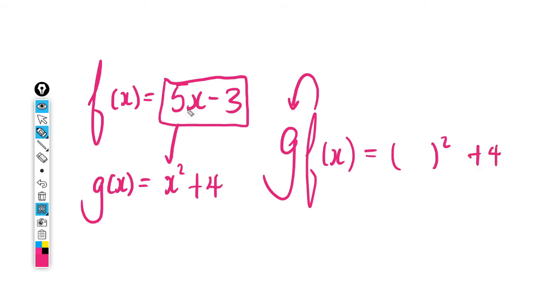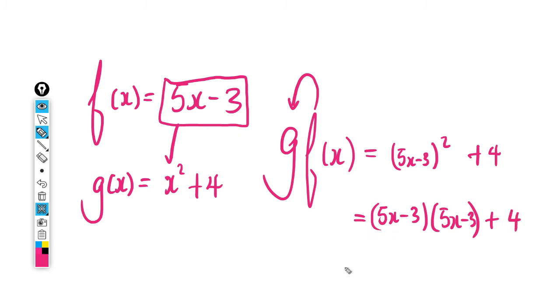And of course we're going to put 5x minus 3, which is 5x minus 3 squared, and we're definitely going to put that into where the x is, and in this case we're going to get 5x minus 3 multiplied by the same 5x minus 3 plus 4.